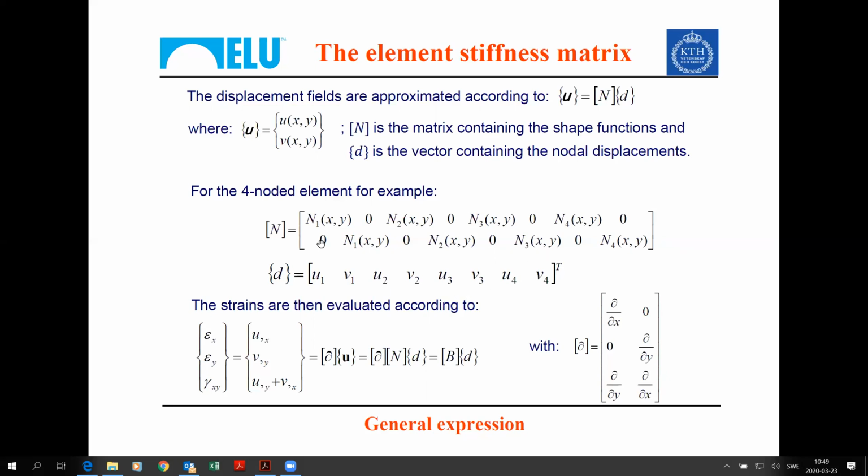We move this one step ahead, and we will have for v, the second row, 0, N1, 0, N2, 0, N3, 0, N4. As yet, we have not defined the N1 to N4.